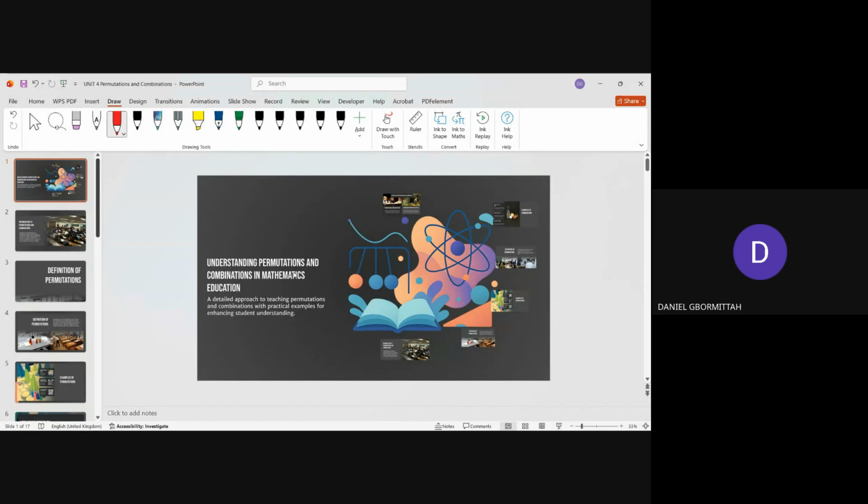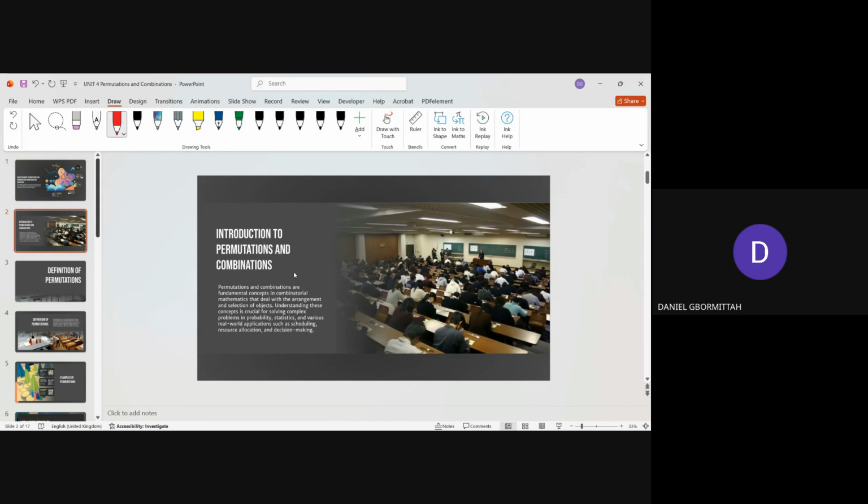We don't care about the position, and these are some of the things that matter when it comes to permutation and combination.